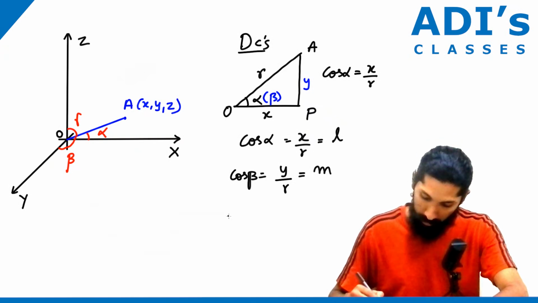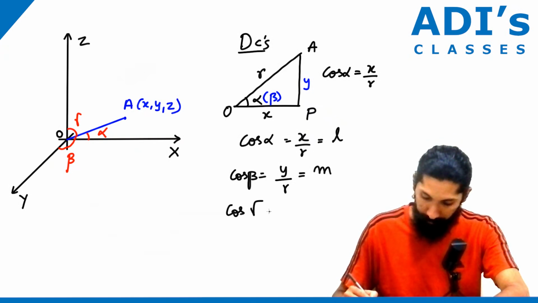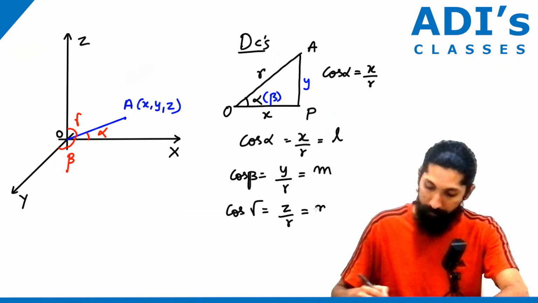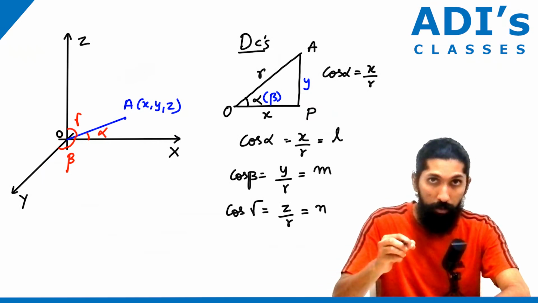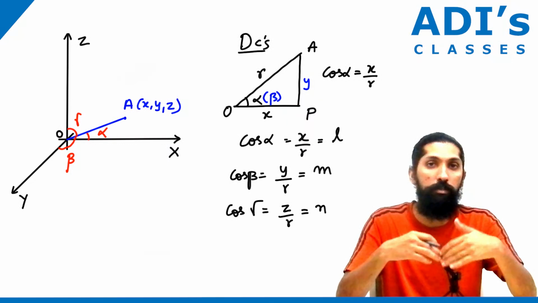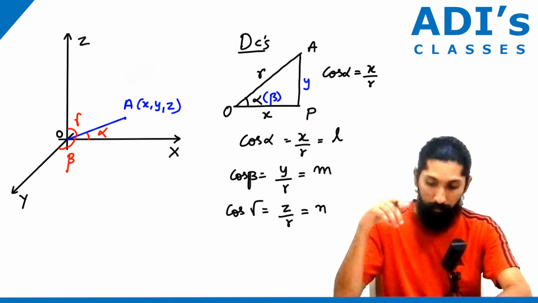Clear? Next, in the same way, cos gamma is equal to z by r, which we call n. Since it's a ratio, we represent the direction cosines as L, M, N.